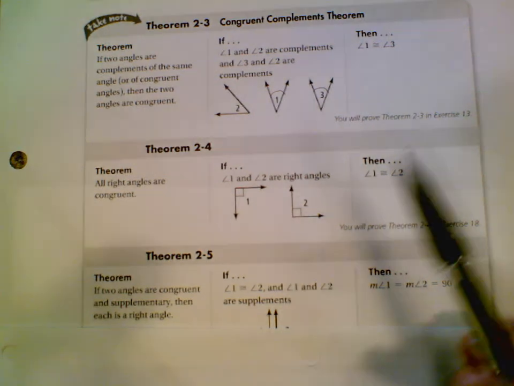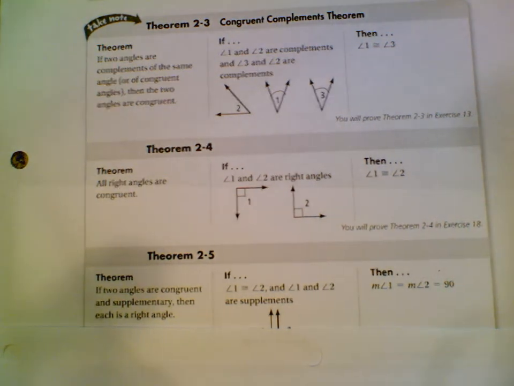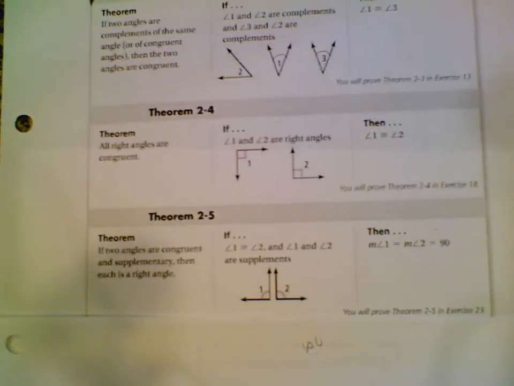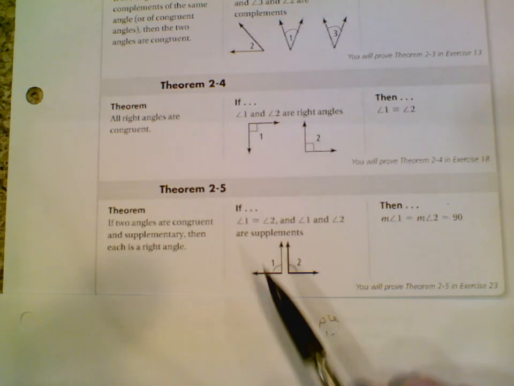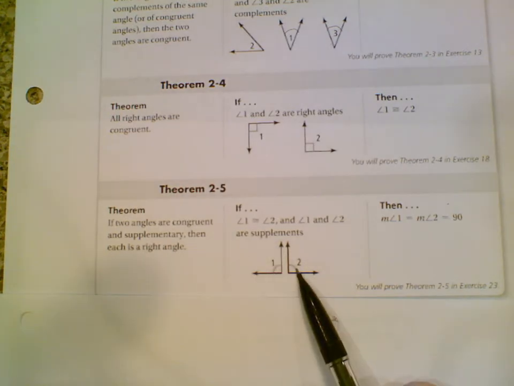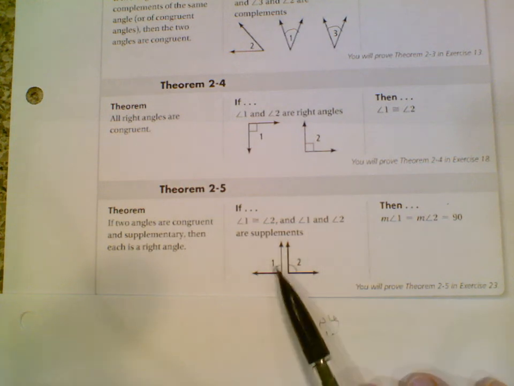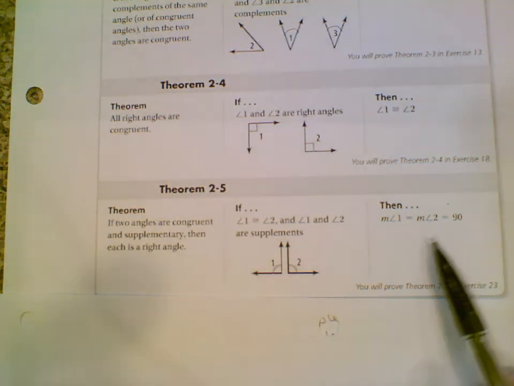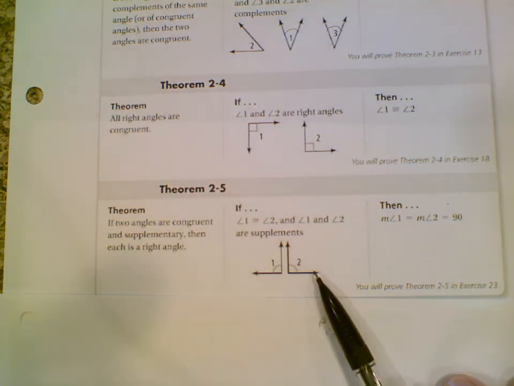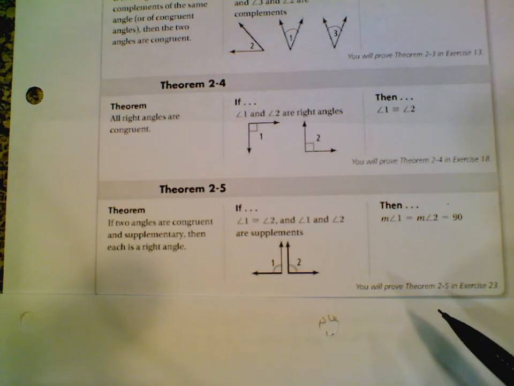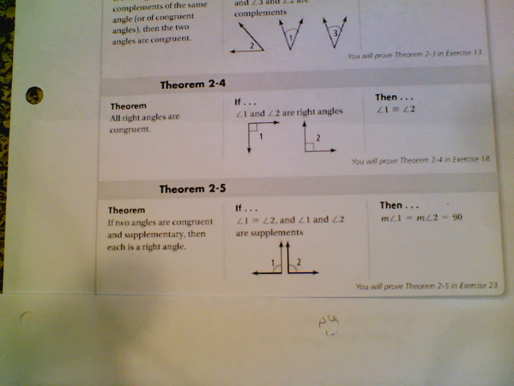Obviously, they're both 90. Don't know that we necessarily need a theorem for that, but if two angles are congruent, such as 1 and 2, and 1 and 2 are supplementary, therefore they both have to be equal to 90. Again, not necessarily something that we probably need a theorem for because we could figure it out, but we do have something that says it.